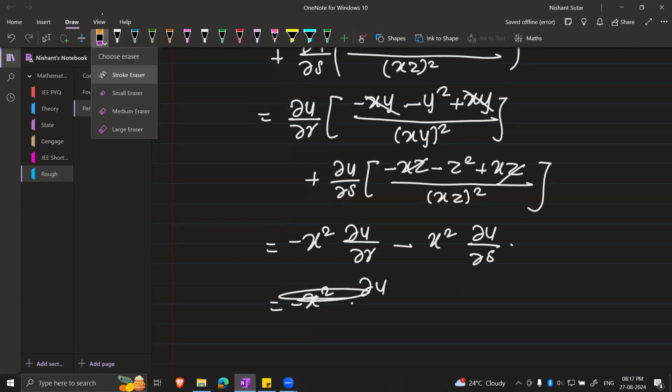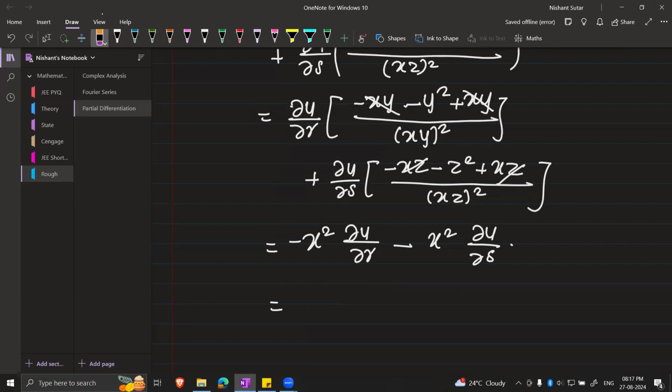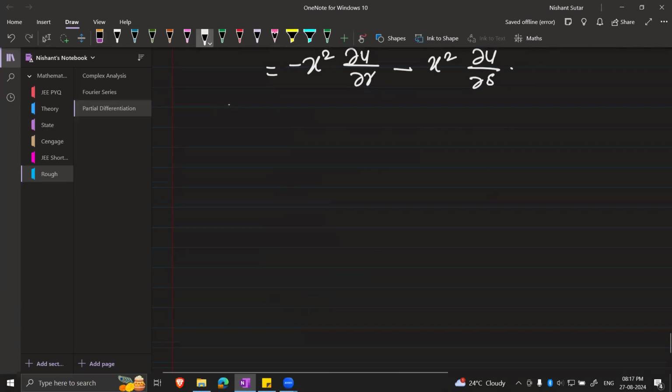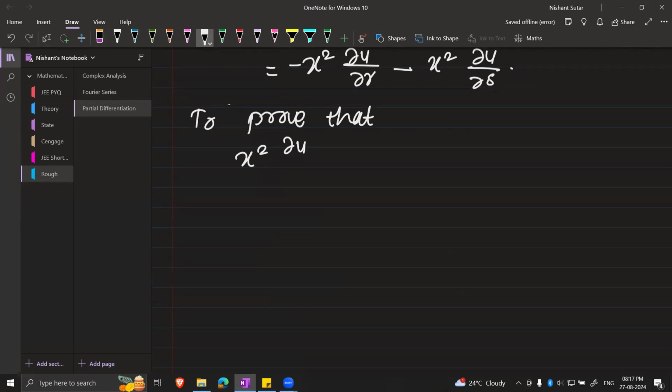So the actual question says to prove that, what we need to prove, x square into del u by del x plus y square into del u by del y plus z square into del u by del z is 0.